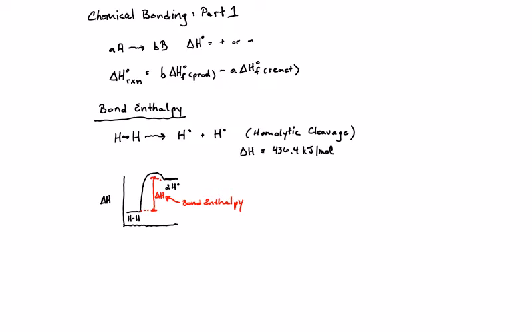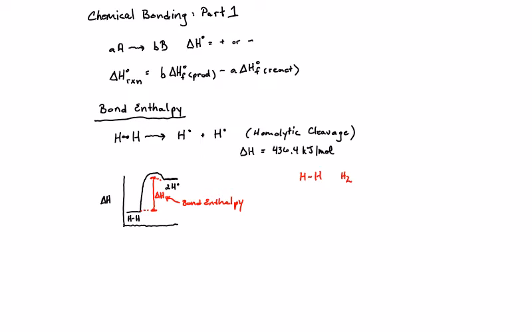Now, the thing that we need to remember here, though, is that there are some bonds for which there's only one possible instance of it. For example, the only time you can have an H-H bond is in the case of H2.